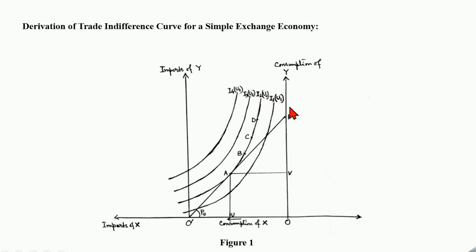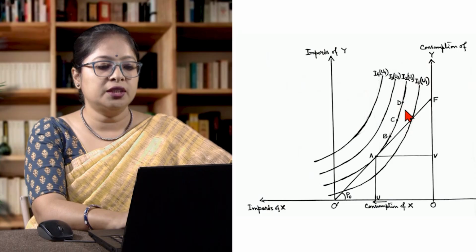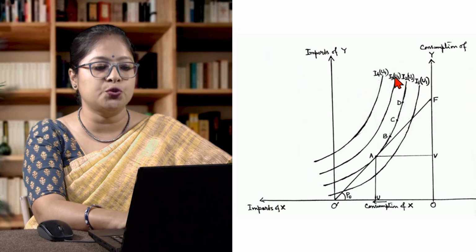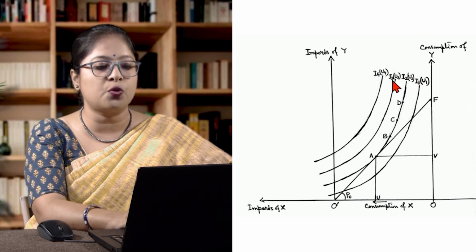Here, in this diagram, from origin O, we measure vertically upward consumption of Y and we measure horizontally leftward consumption levels of X. So, in the second quadrant of this diagram, we can draw the community indifference curves for the country. Here, the community indifference curves are labeled I1, I2, I3, I4, and so on.